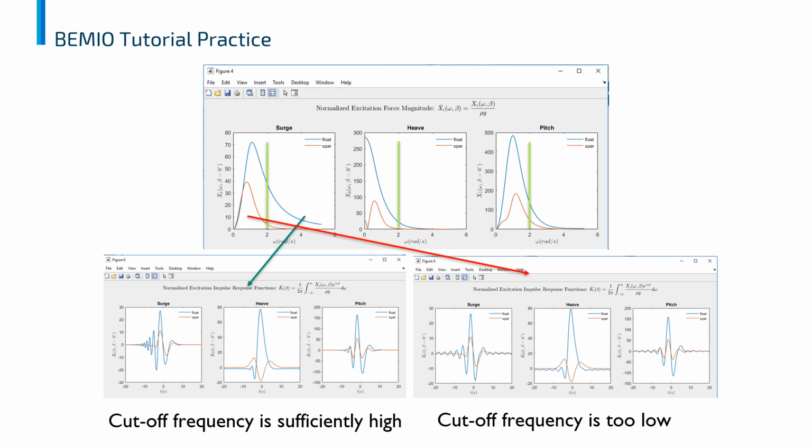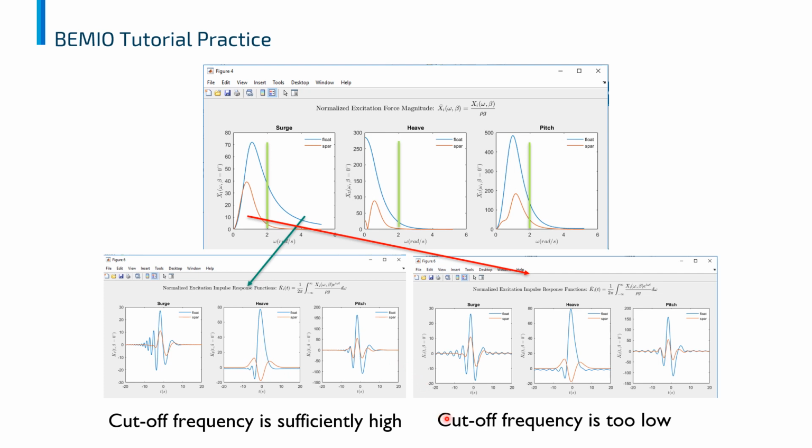You also need to check the normalized excitation impulse response function. In this case, the function needs to tend towards zero when it is a good result. Here you can see that if the cutoff frequency is sufficiently high, you have that behavior, the excitation IRF tending towards zero.